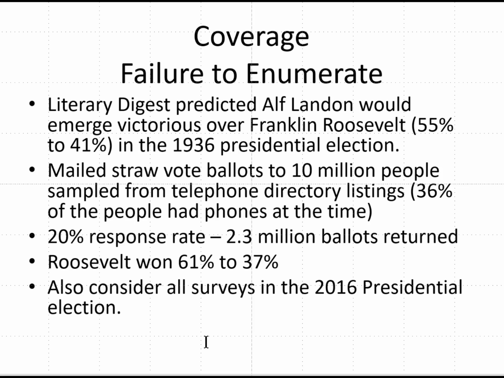Also consider all the surveys in the 2016 presidential election. I mean, there's a great example of coverage error. You just didn't get the people that were Trump voters in these surveys. People just didn't answer them. That information is very hard to collect. And so people just didn't have the right estimates.